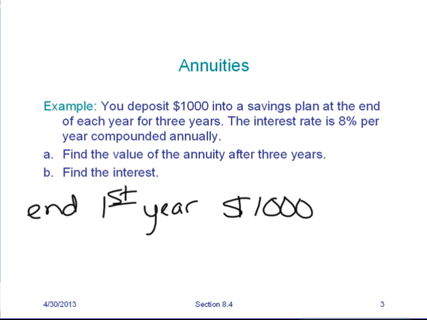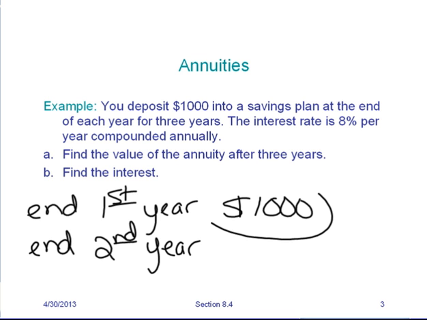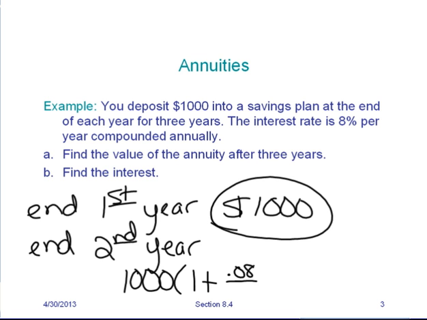Now at the end of the second year, you're going to be getting interest on the $1,000 that's been in your account for the past year. So 8% compounded once per year and for 1 year.